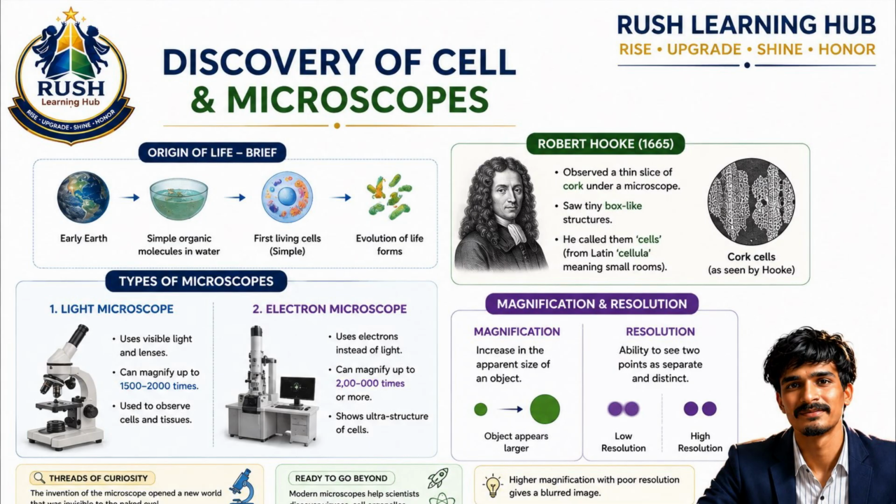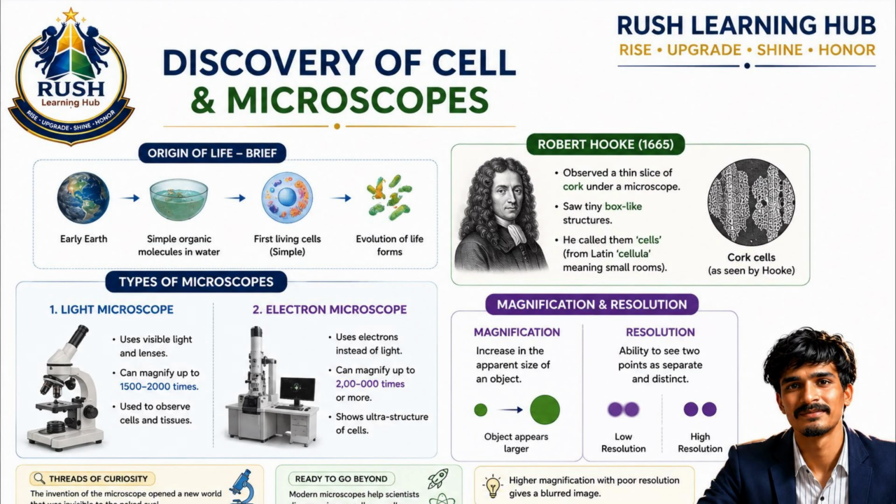They can magnify objects hundreds of thousands or even millions of times, allowing scientists to observe detailed structures inside cells. Thanks to electron microscopes, scientists have discovered many cell organelles that were impossible to observe with ordinary microscopes.